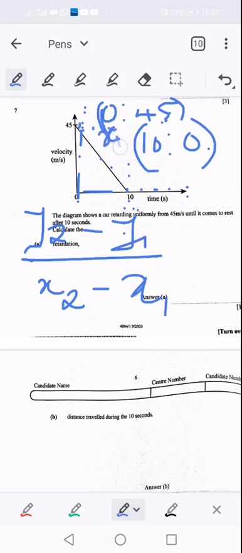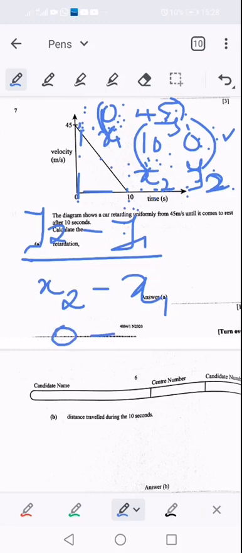So this becomes x1 and y1, and this one becomes x2 and y2. If you switch the order of the coordinates it's not a problem, you get the same answer.